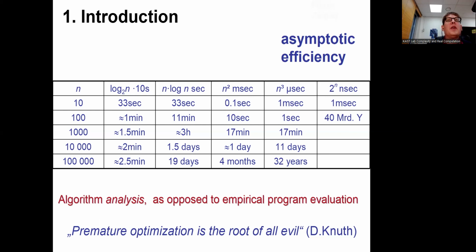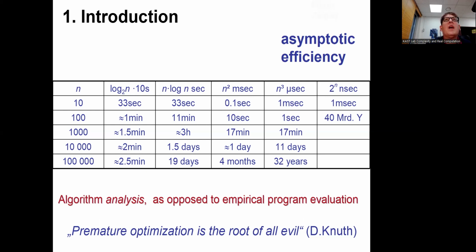Empirical running time measurements are a common way of comparing programs, for example using benchmark suites, but it's common that one program is faster, maybe by a factor of 2, on one benchmark suite, and the other one is faster on the other benchmark suite.